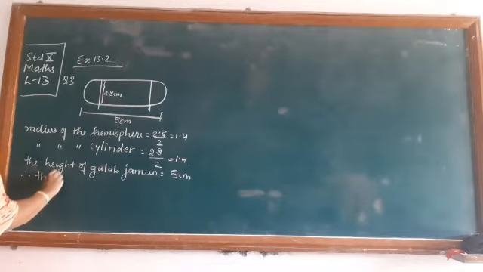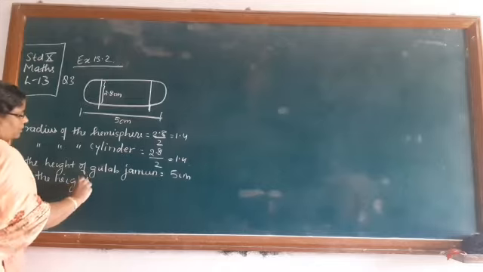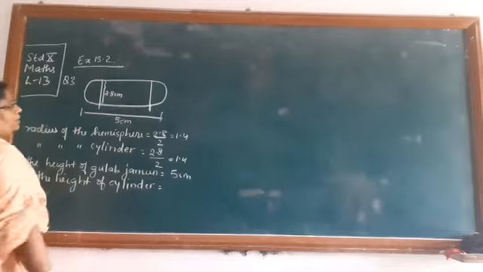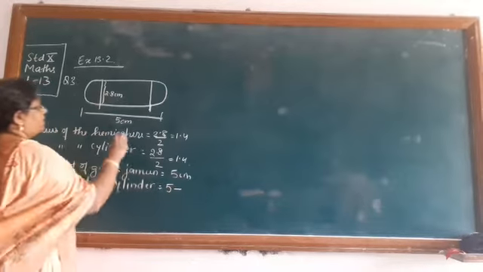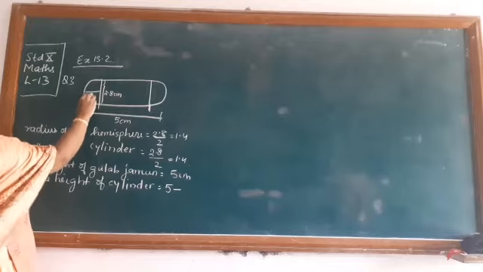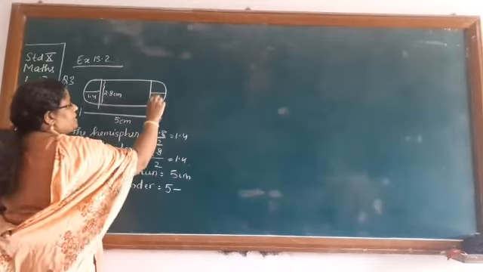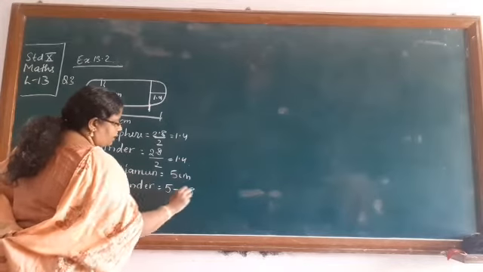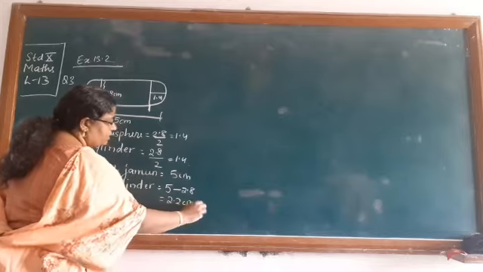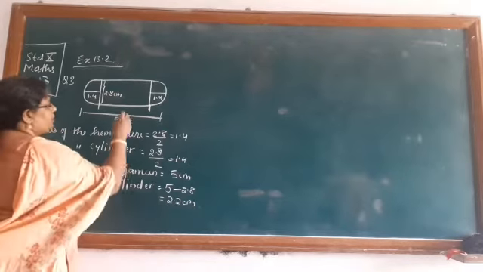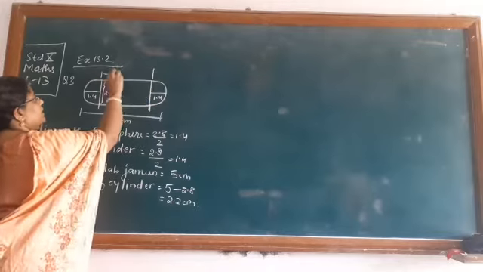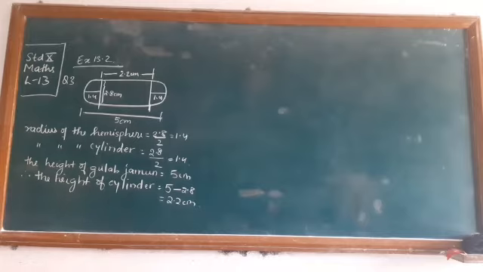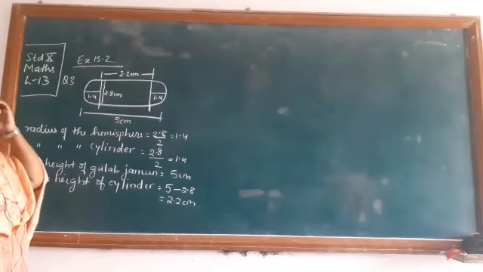Therefore, the height of the cylinder will be equal to 5 minus, now this height is 1.4, also this height is 1.4, so together 2.8. That means 5 minus 2.8, which is equal to 2.2 centimeter, isn't it? So, the height of the cylinder we can say is 2.2 centimeter. Clear everyone?